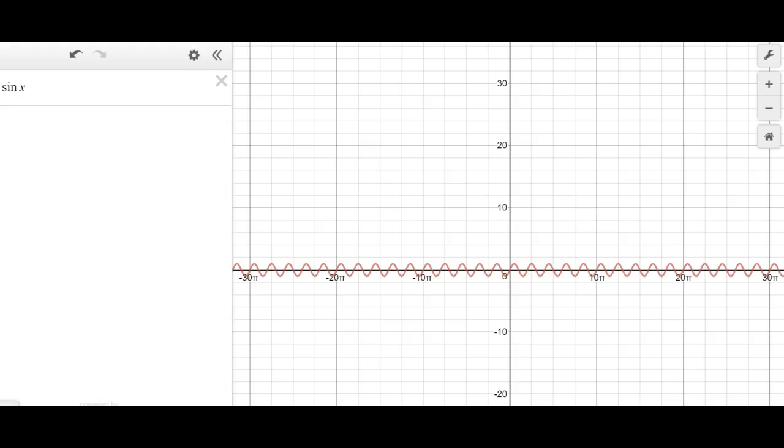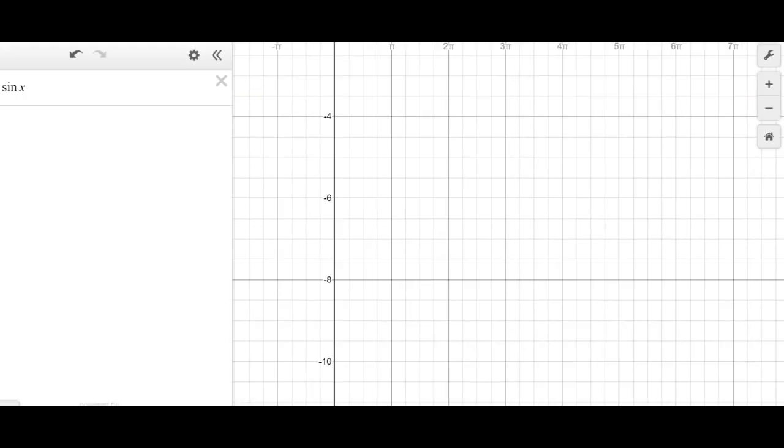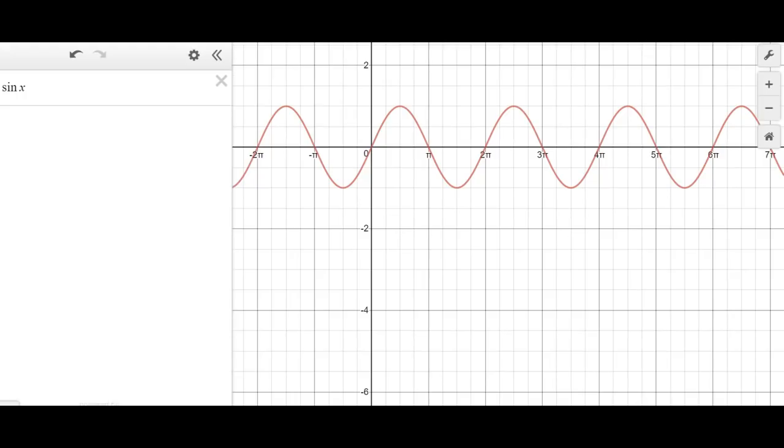The range bounces between -1 and 1. So it never goes beyond -1 and 1. That's an important thing that we'll see in the future. Unless there's a transformation done to the sine function, it's going to stay between -1 and 1. And so that's the basic sine graph.